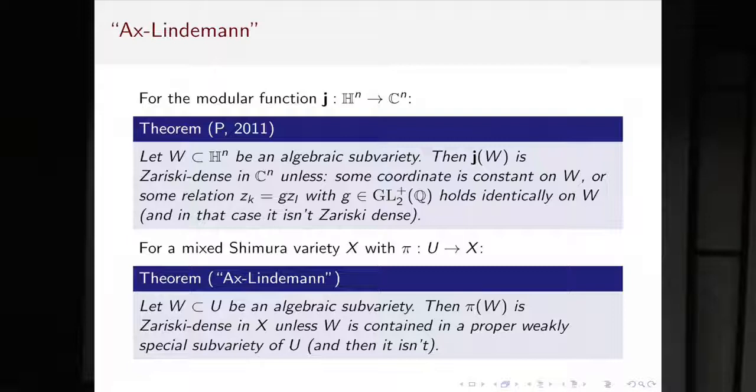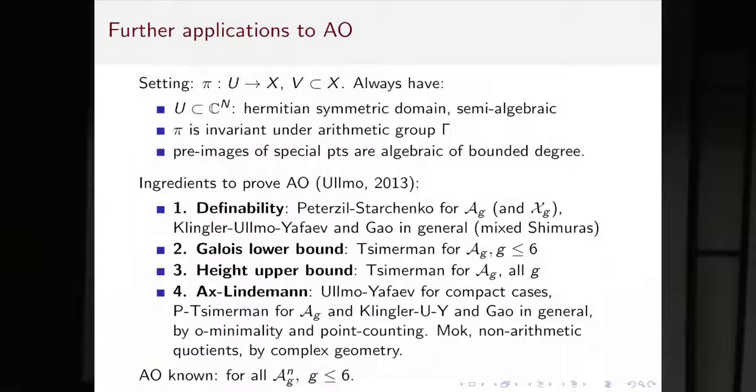The image of such a thing is Zariski dense unless this W satisfies either a modular relation or some coordinate is constant. In other words, the image is Zariski dense unless W is contained in something weakly special. And the more general statement in a general Shimura variety takes the same form. So this theorem is now established in the work of various people.